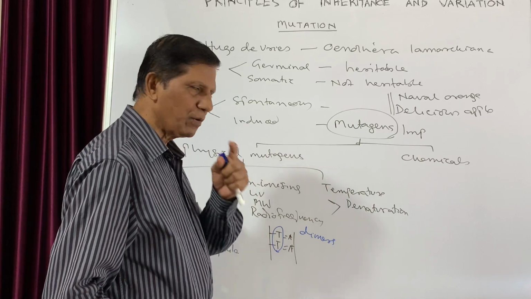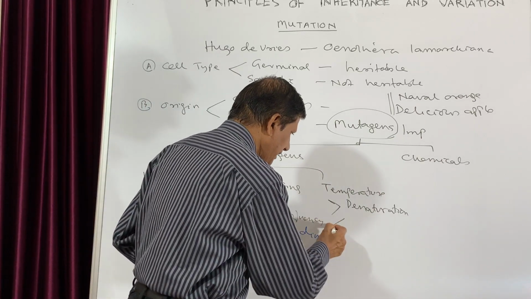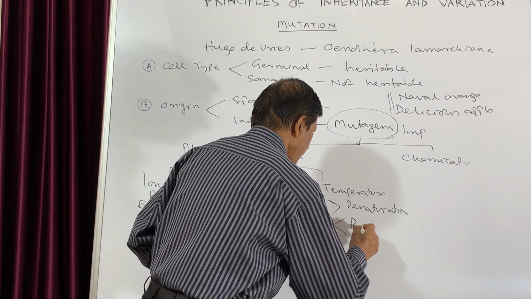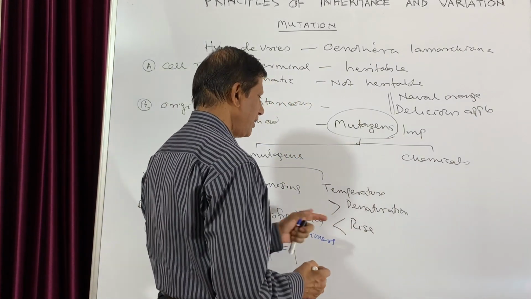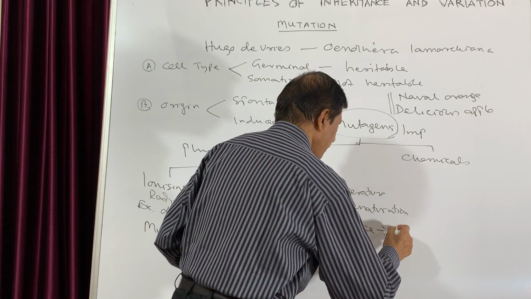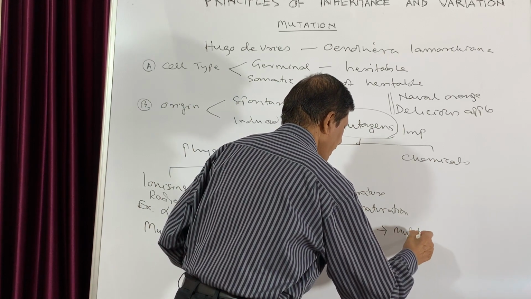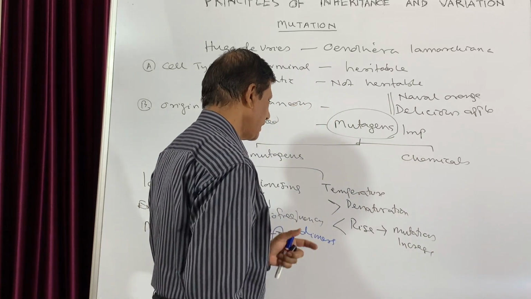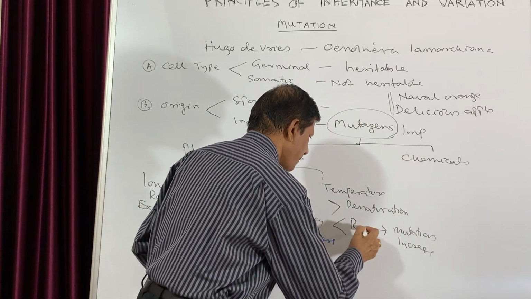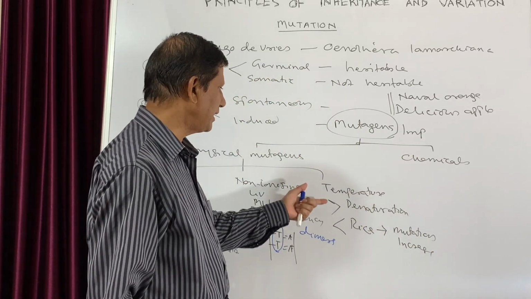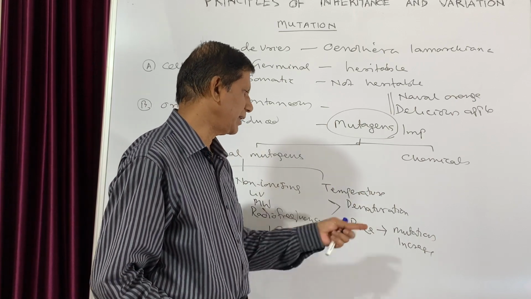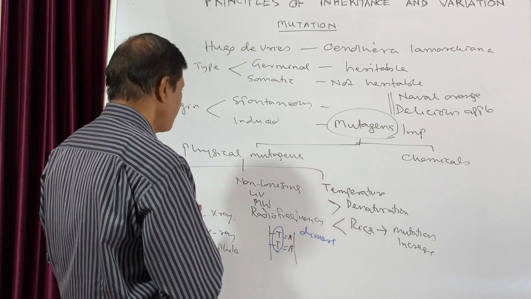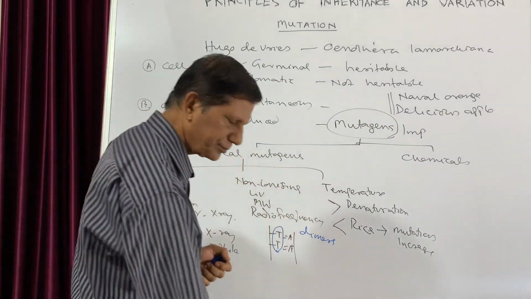But in one case, when there is a decrease in temperature, particularly in case of rice, usually the number of mutations increase. Mutations increase in a low temperature in case of rice. But in other cases, it leads to the denaturation of the DNA molecules. So these are the different physical mutagens.